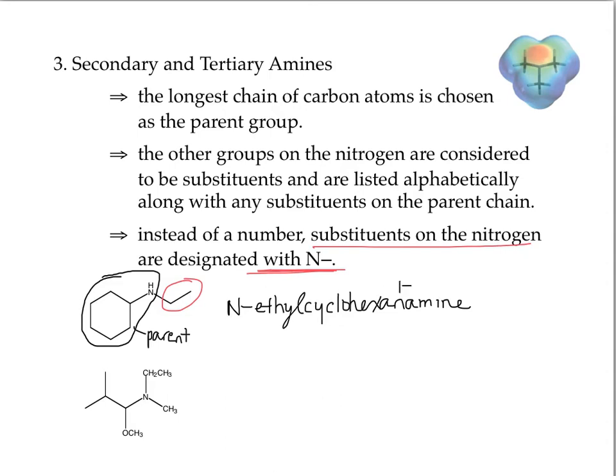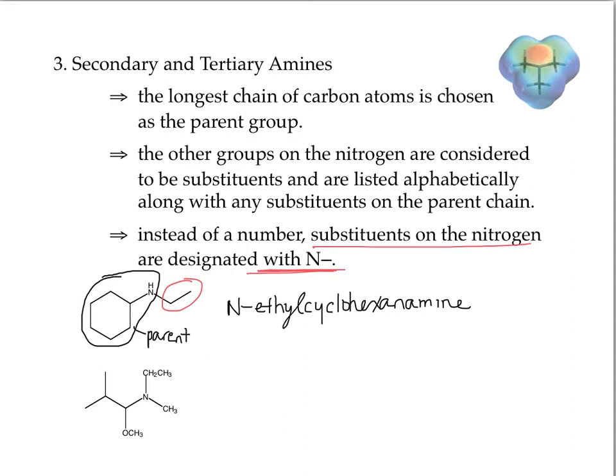In other words, right there, I do not need to have that 1 because it is understood that the nitrogen is going to be at number 1 by default. So we'll just erase that. It's redundant to put that there. You don't need it.